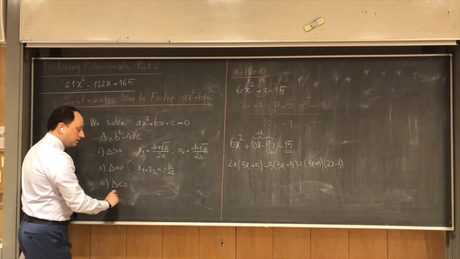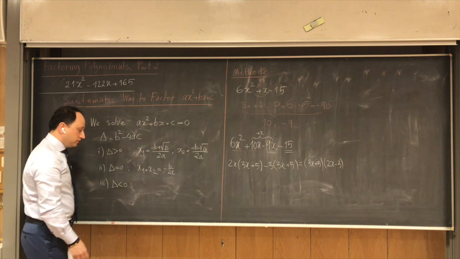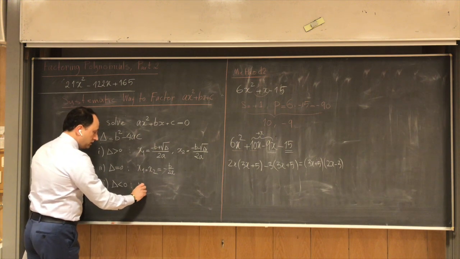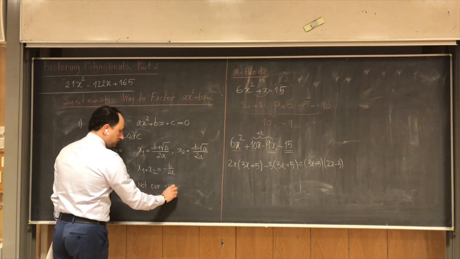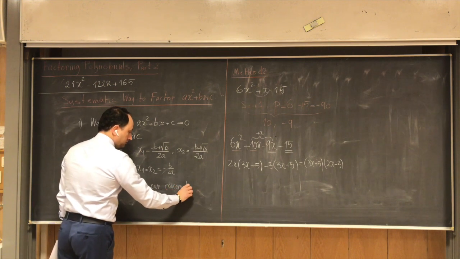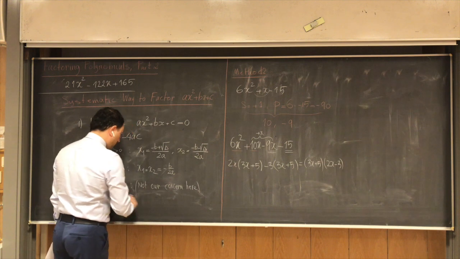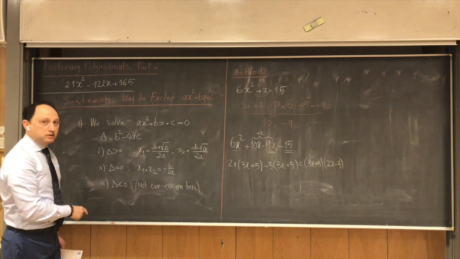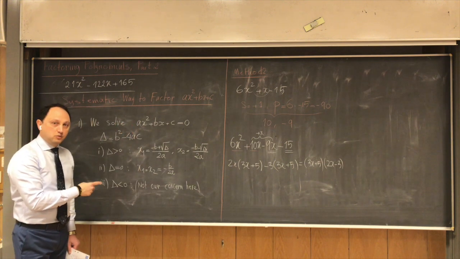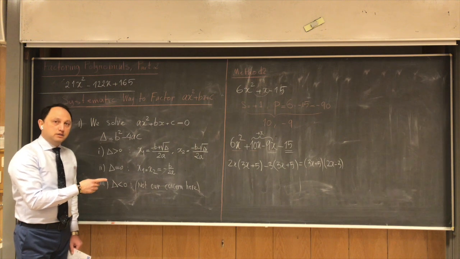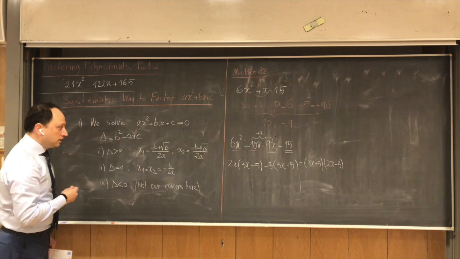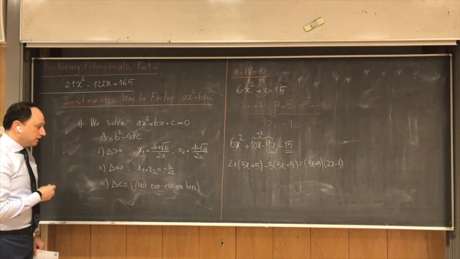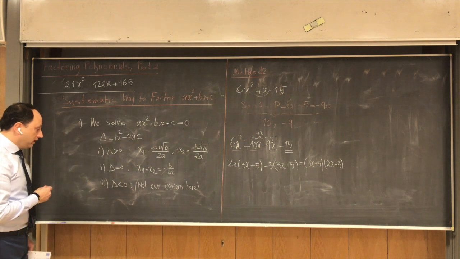But this is not our concern here. Of course, if this happens, the formula that I will tell you for factorizing this polynomial will work, but it will work in the set of complex numbers. We will come to that later when, hopefully, we talk about complex numbers in this set of lectures.